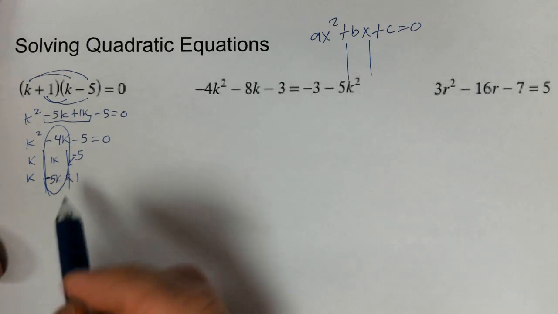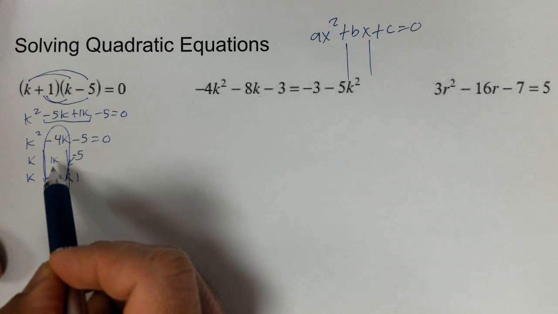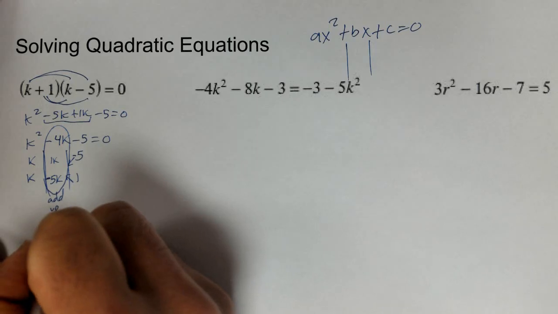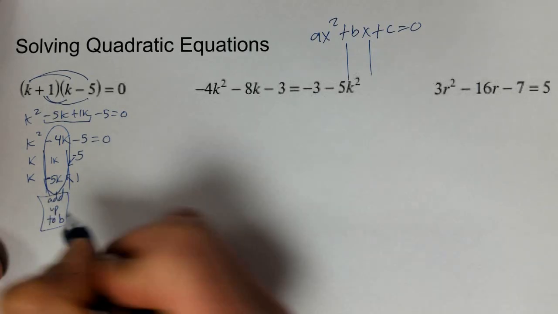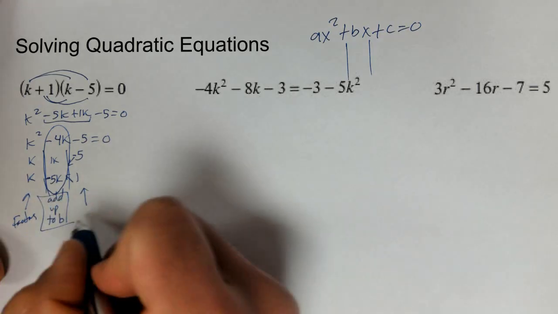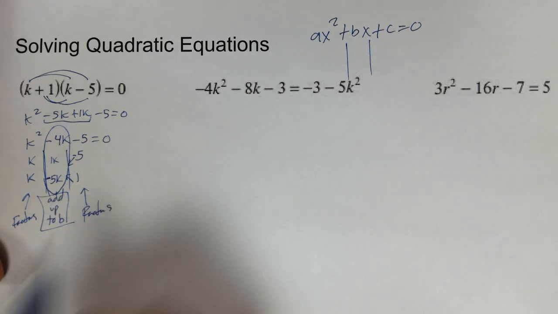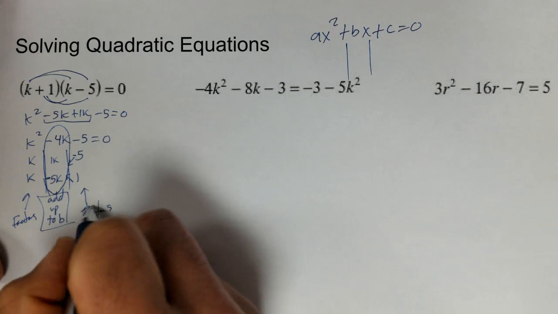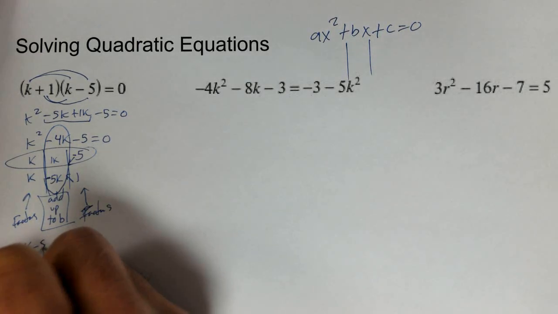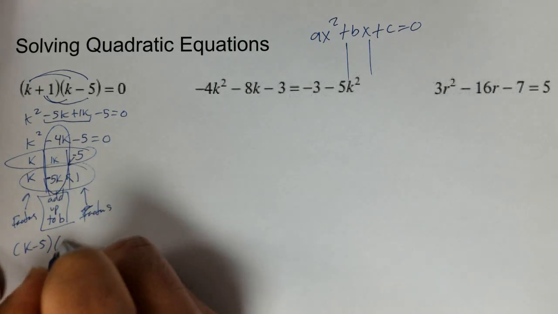This column allows me to check all the values. They have to add up to b, and these are the factors of the function. So I get k minus 5 and k positive 1.